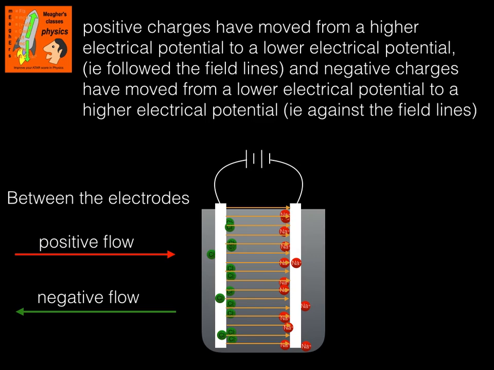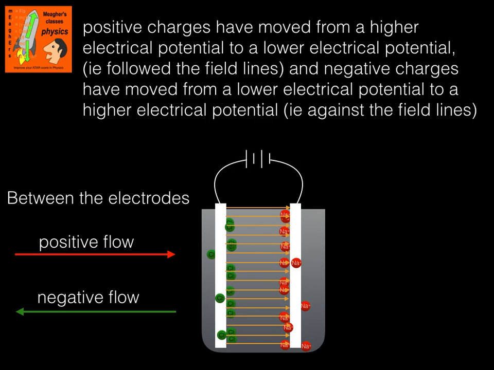That's between the electrodes, but on the outside of the electrodes we actually had positive charges constantly moving to the negative electrode, and that can be from the right or the left of the electrode, and some from in front or behind the electrode are moving to it. So we can't really talk about one direction. All we can really say is that the positive charges have moved from a position of higher electrical potential to a position of lower electrical potential.